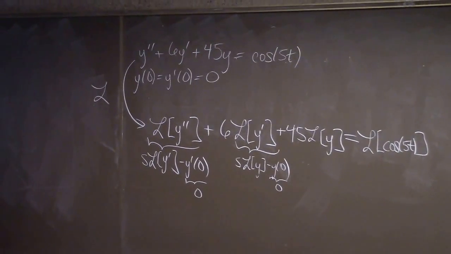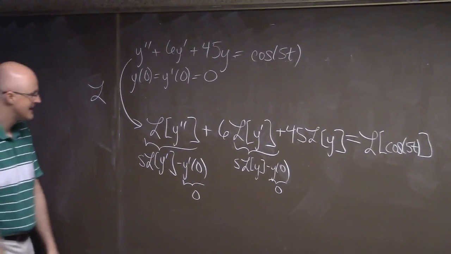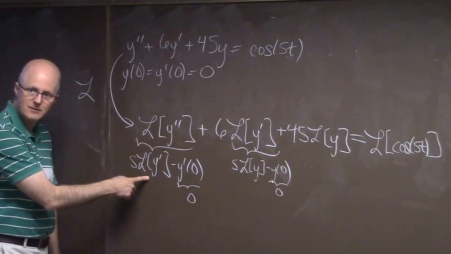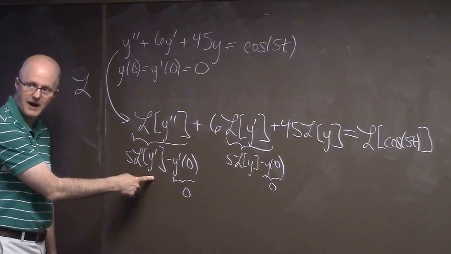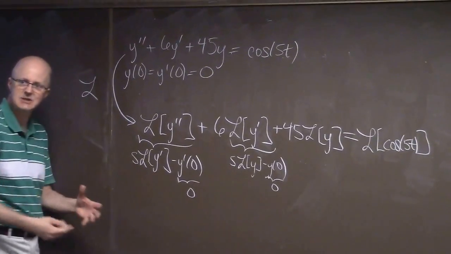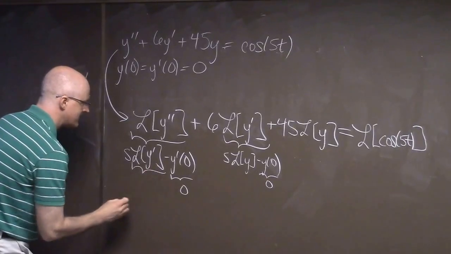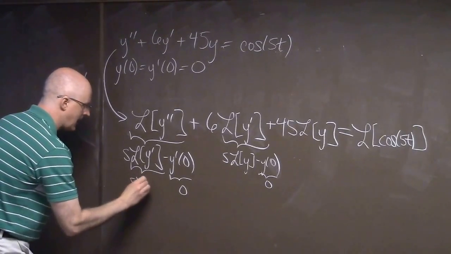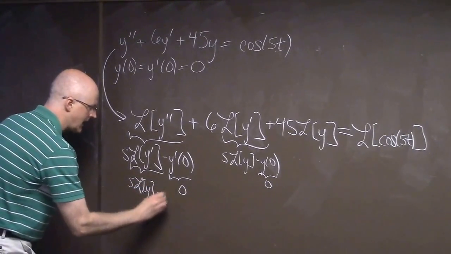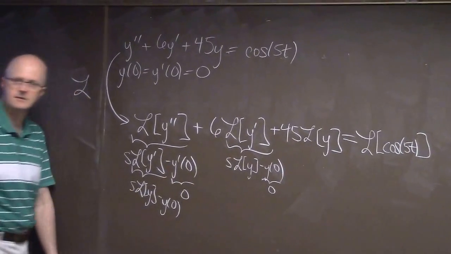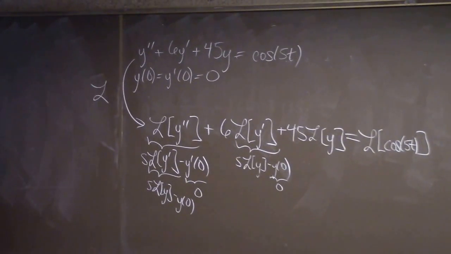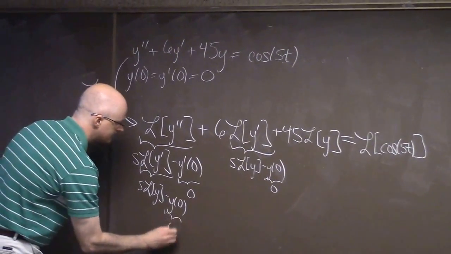I'm thinking it's 0, it will make it a little extra nice. But we can't stop there. We still have an L of y prime, we want an L of y. We want to solve for y, so we need to get things in terms of the Laplace transform of y. So replace this with s L of y minus y of 0, just like we replaced it with that there. And once again, this is 0.